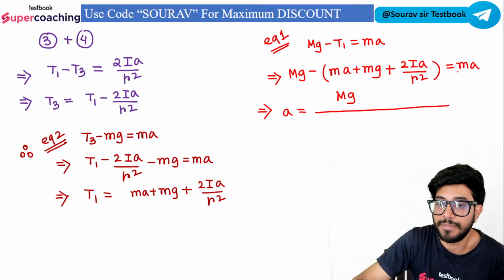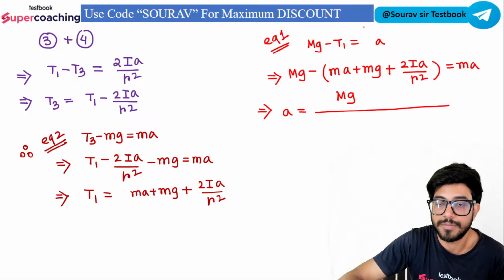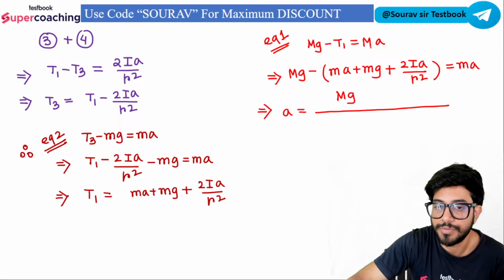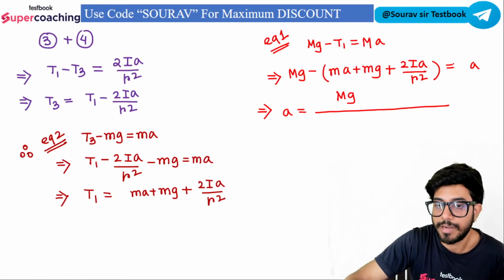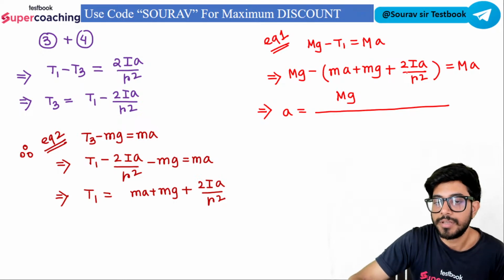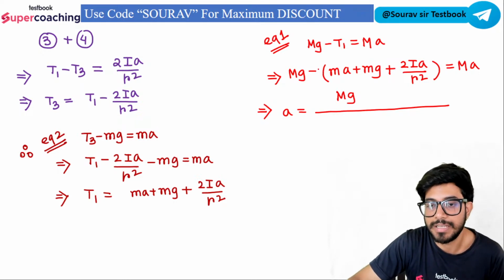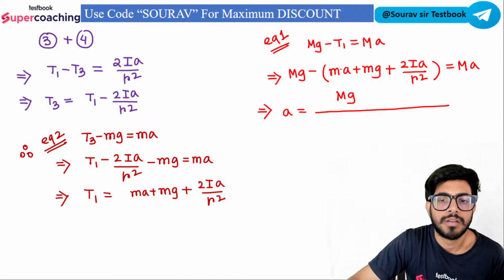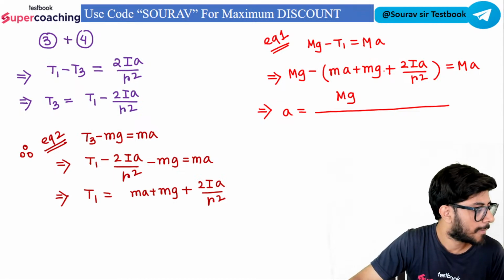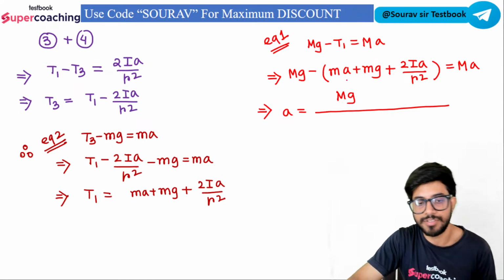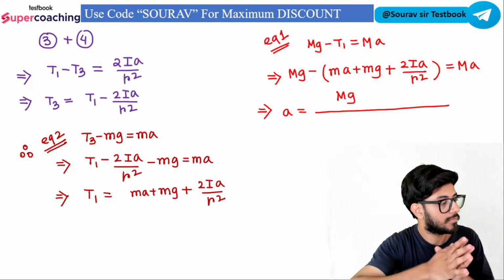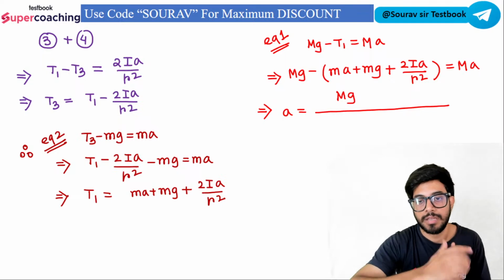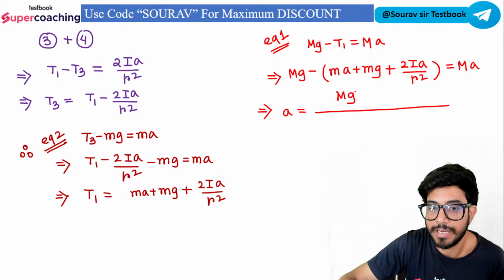Oh, this is capital M actually, I'm sorry. This has to be capital M because that's equation 1. In equation 1 you must have capital M here. So if you just bring it on this side, capital M plus small m plus 2I divided by r square, and the net force is capital M minus small m into g.